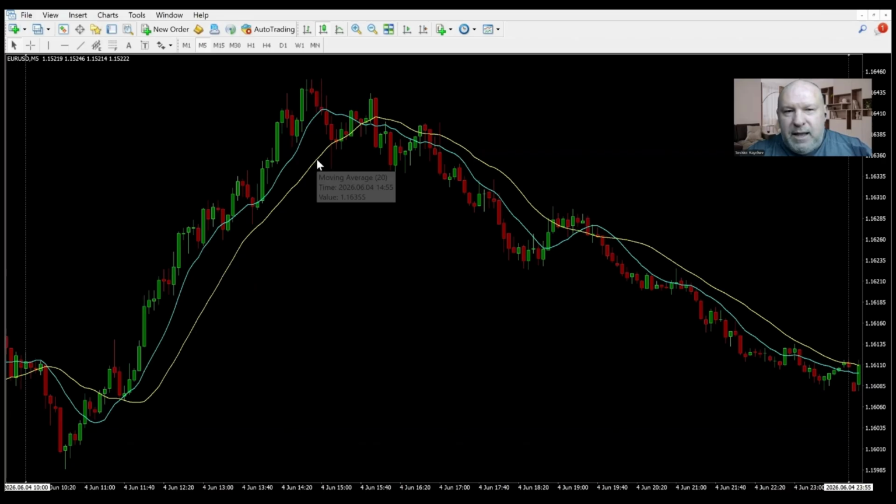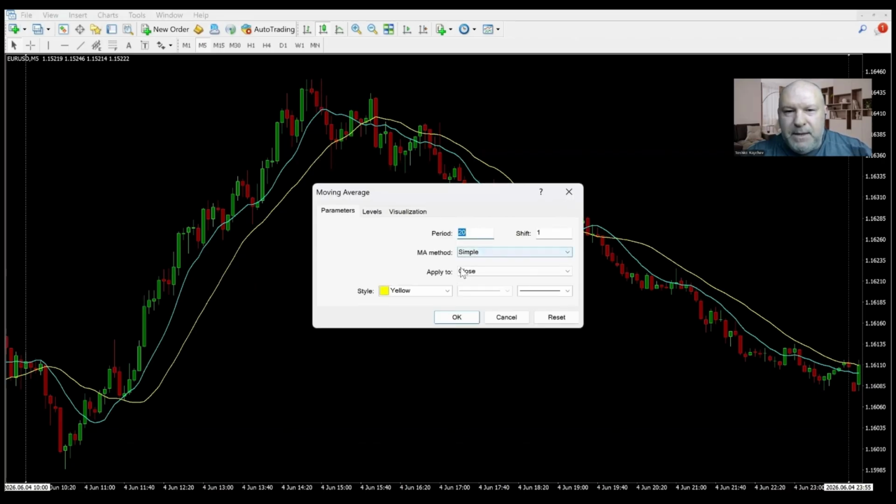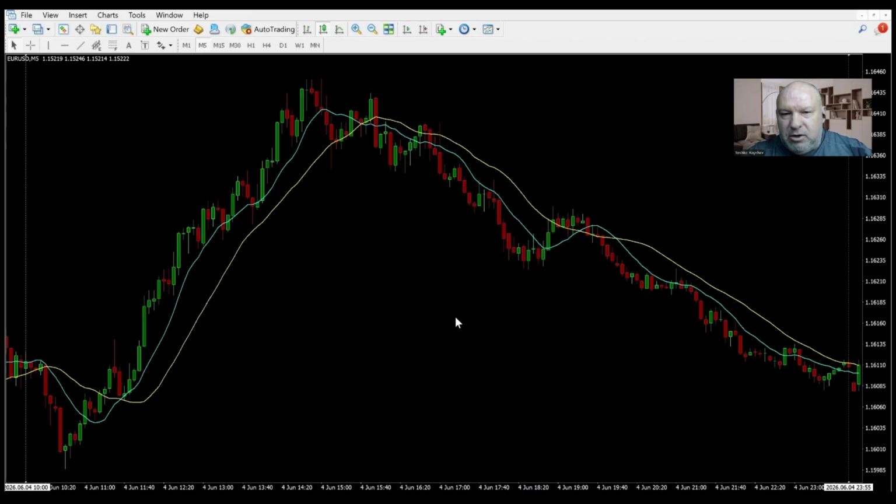Basically, we need a couple of indicators, as I said, two moving averages. The first one is the 20 period, shifted one, simple moving average applied to close price. I won't show you how to apply it on your chart here because it may be different on your trading platform or with what your broker offers.